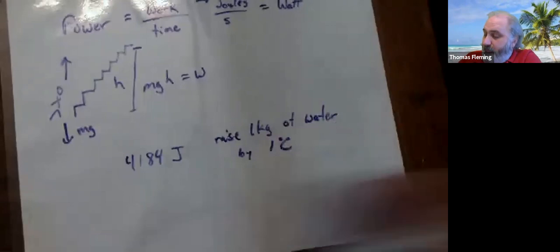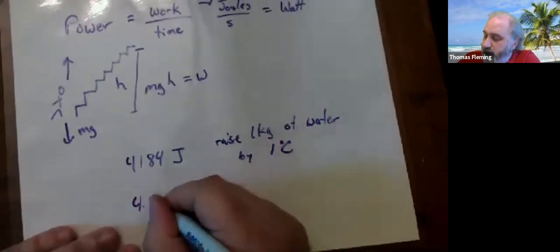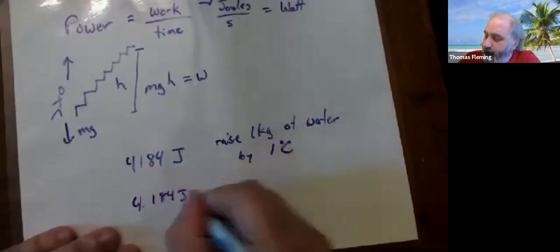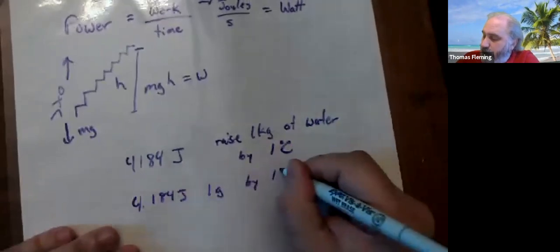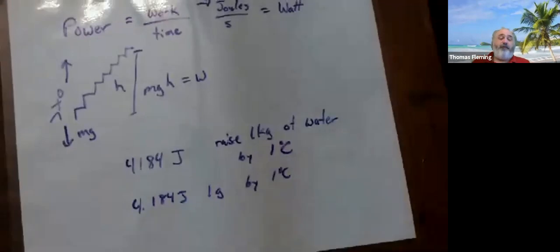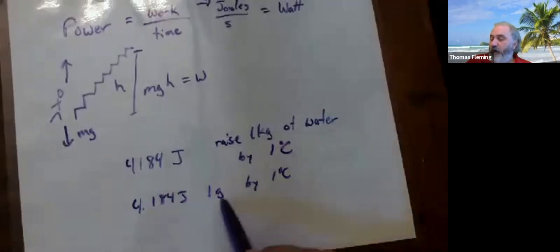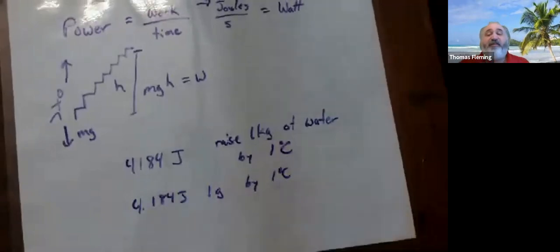So 1 gram took 1,000 times less. So this amount of work caused 1 gram of water to go up by 1 degree Celsius. That's the thing he found.